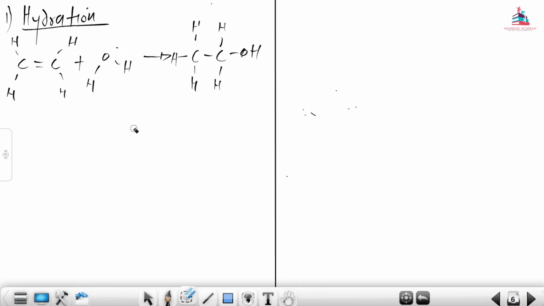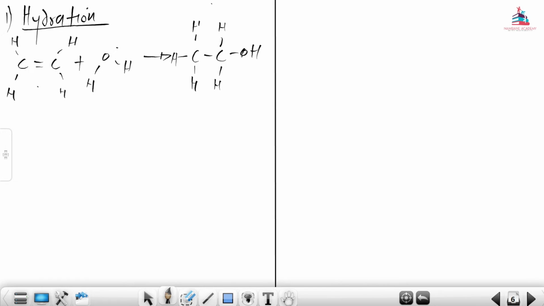So what I'm trying to emphasize here is we are moving from unsaturated to saturated with addition of water.